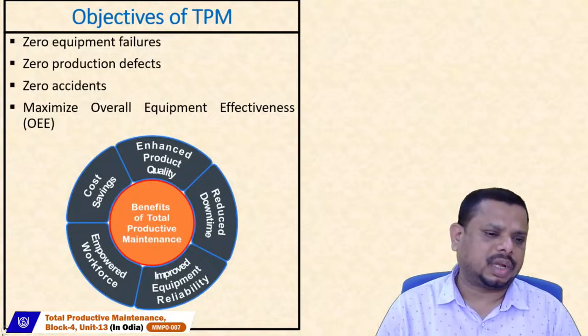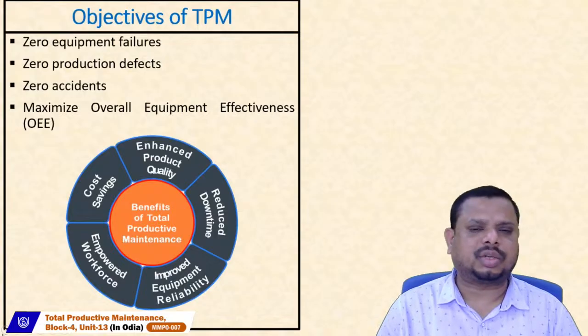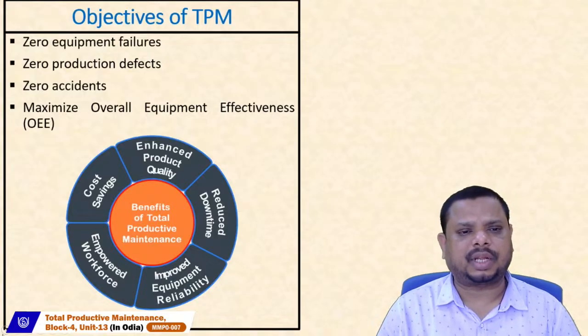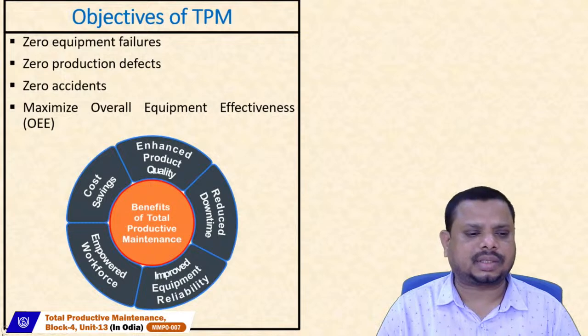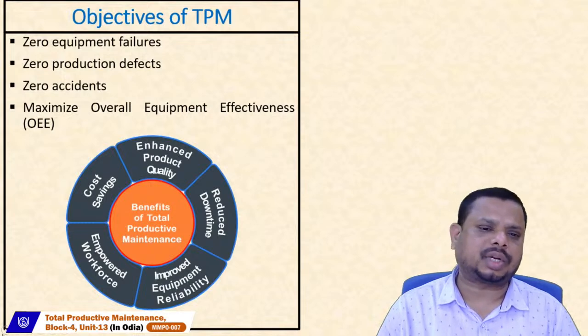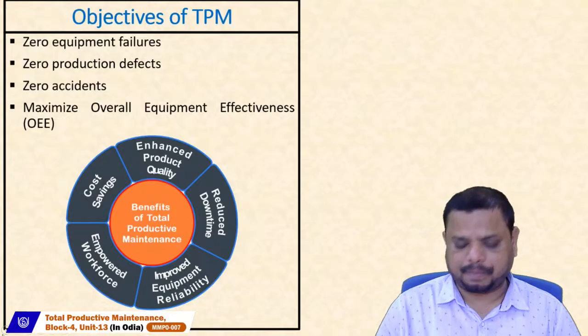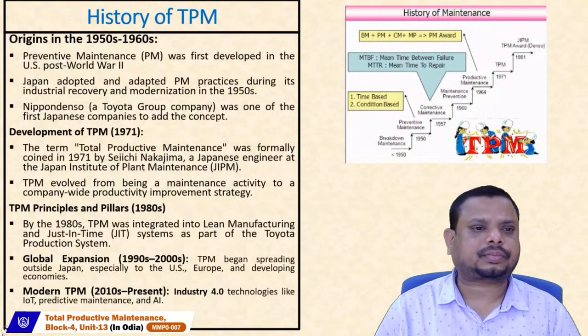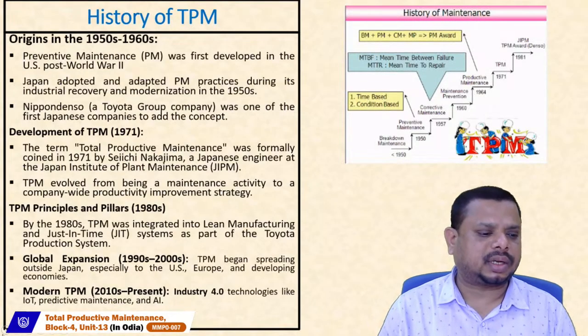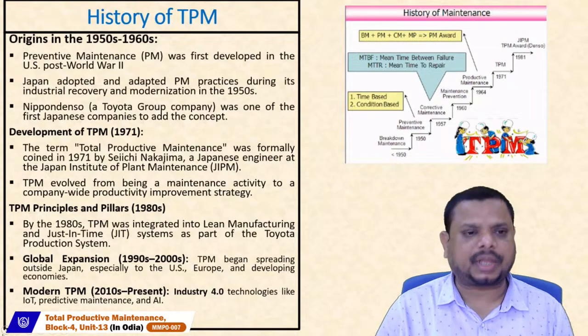And the last and most important benefit of implementing total productive maintenance is that it saves a large amount of money in the form of cost savings. So these are the basic benefits of total productive maintenance. Moving to the next topic, let's understand the history of total productive maintenance.